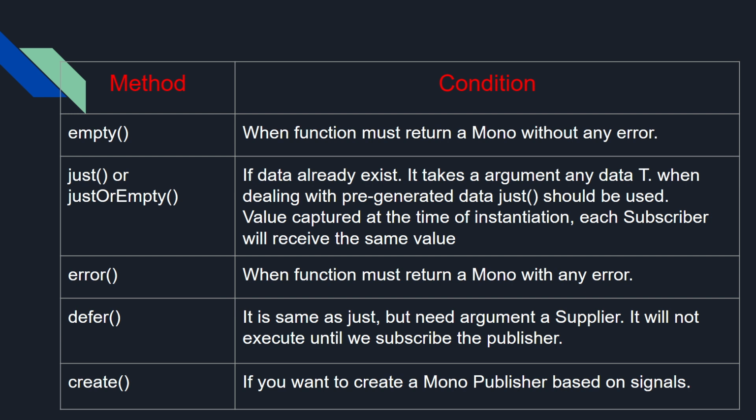In some cases, for example, the data is processed successfully, so we need a signal that this is done, or the emitter is successfully completed, or the emitter failed or was cancelled. So we need a signal. If you want to create a Mono publisher with emitters or signals, in that case we can use the create method.